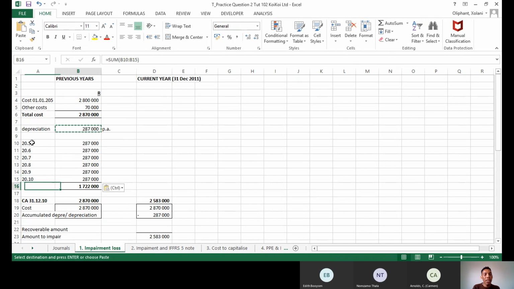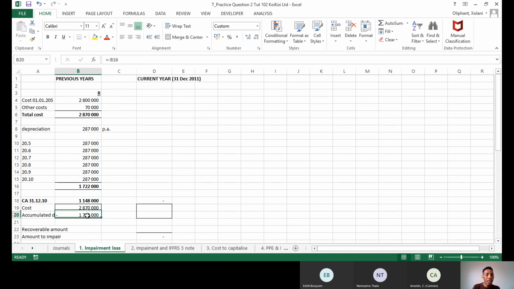So your accumulated depreciation up until the beginning of the 2011 financial year would have been 1,722,000. Meaning that now I have the cost, which in total was 2,870,000, and my accumulated depreciation for the period would have been 1,722,000.